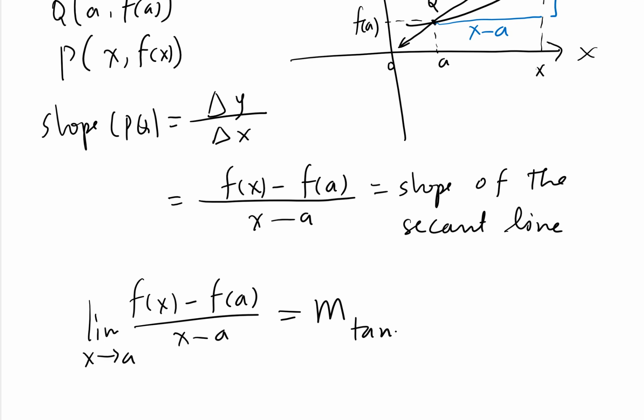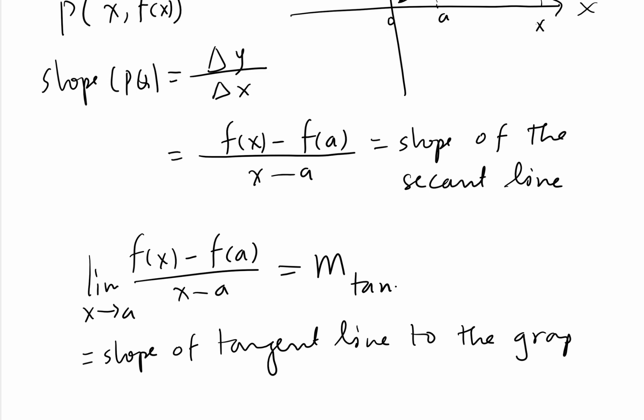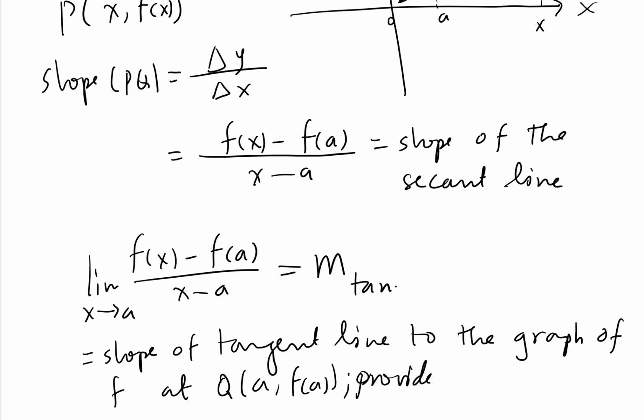So this becomes the slope of the tangent line to the graph of f at Q with coordinates a, f of a, provided that the limit exists.